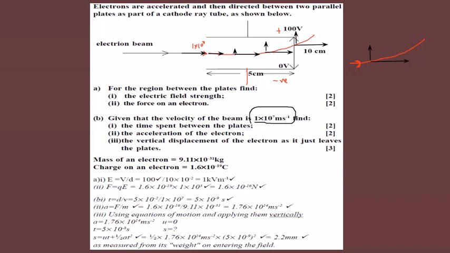So 1 exponent 7 is the horizontal velocity and horizontal velocity remains the same throughout. It does not change. But what happened to vertical velocity? The moment it entered the field, the vertical velocity is 0, but then the vertical velocity starts to increase because it is experiencing the force.